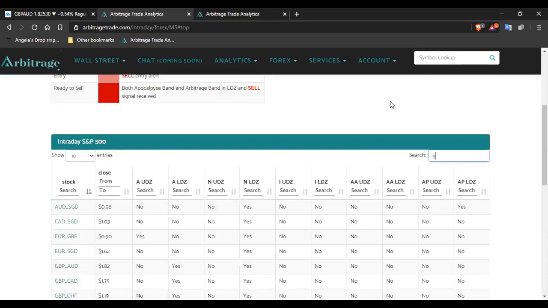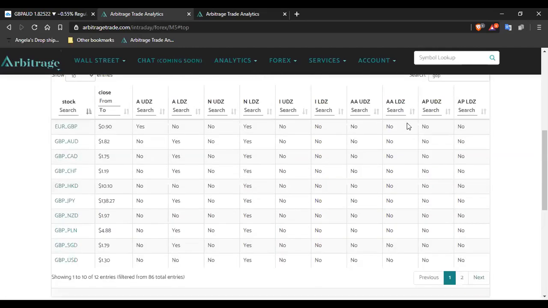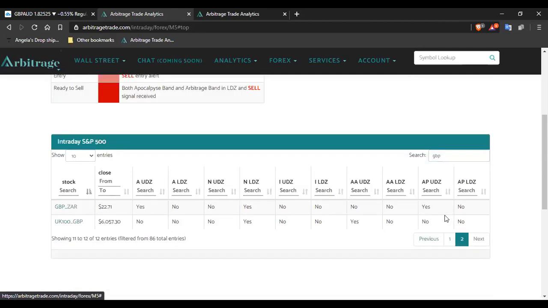Then let's go on to the GBP pairs on the 5-minute chart. GBP. All right, so no. And then we have GBPZAR. Okay, I think that is just the ZAR that's looking to sell. So GBPZAR, upper danger zone. Then let's go on to the 1-hour.